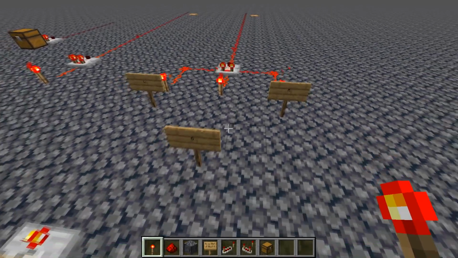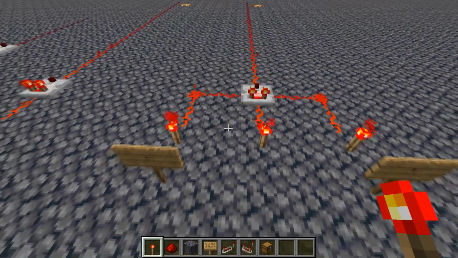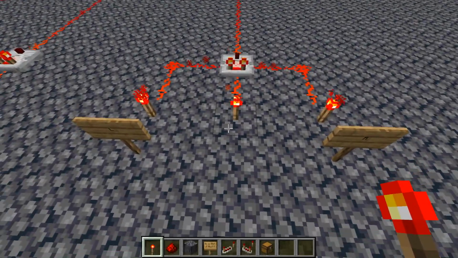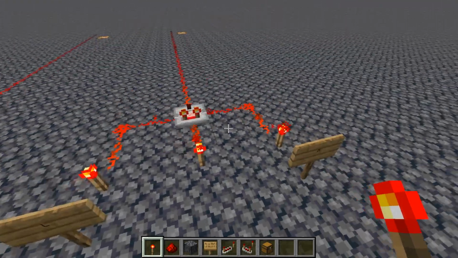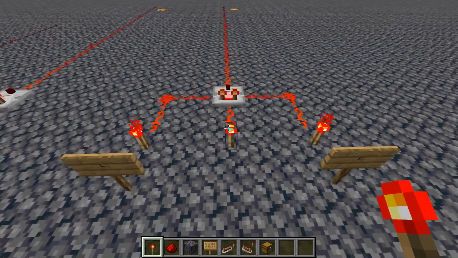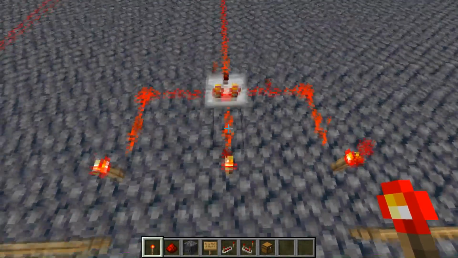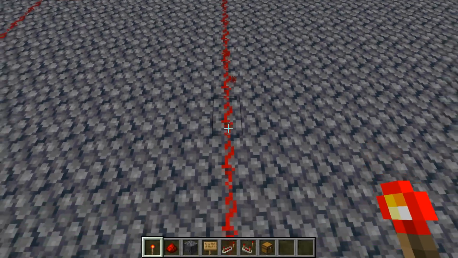So if we are to do the formula, we then check if the left and the right is less than or equal to the back. And they indeed are, because we've got 13 and 13, which is less than or equal to 15. Now, because of that, this power level 15 is allowed through the comparator, okay?